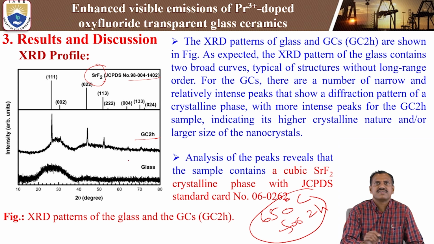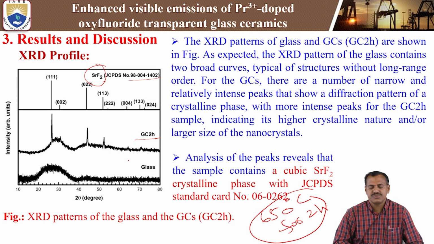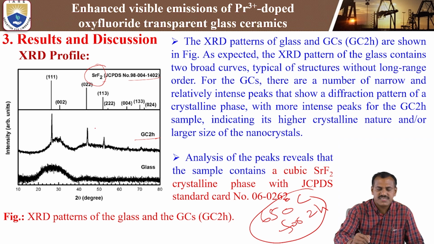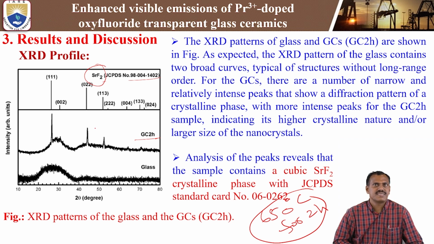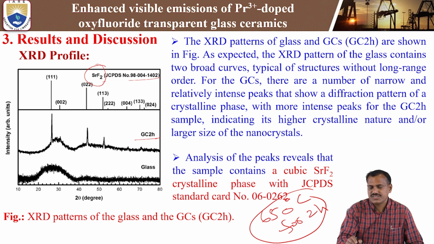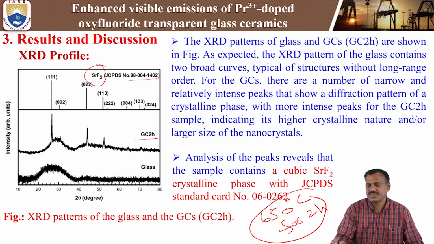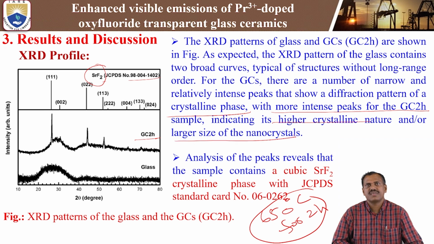Now the prepared glass ceramic sample of the praseodymium 3 plus doped oxyfluoride transparent glass ceramics, both are well matched in the X-ray diffraction pattern. This mainly shows a number of narrow and relatively intense peaks, the diffraction pattern of the crystalline phase, with more intense peaks for the glass ceramic 2-hour sample, indicating the higher crystalline nature and larger size of the nanocrystals.